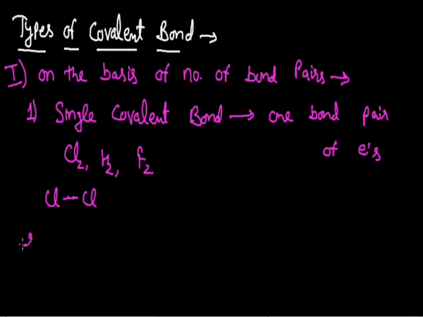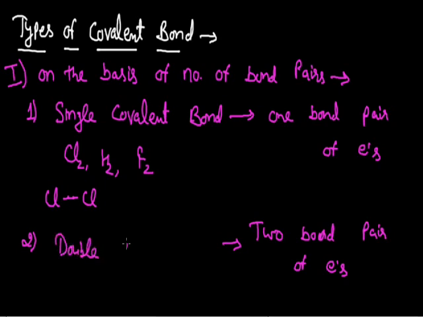The second category is the case where the sharing of two bond pairs of electrons occurs. The sharing of two bond pairs of electrons will result in the formation of two covalent bonds between two atoms, and this kind of condition where two covalent bonds exist is termed a double covalent bond.